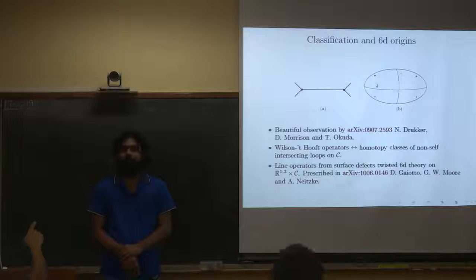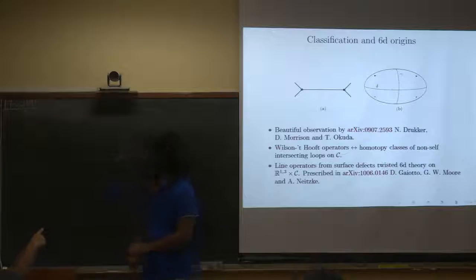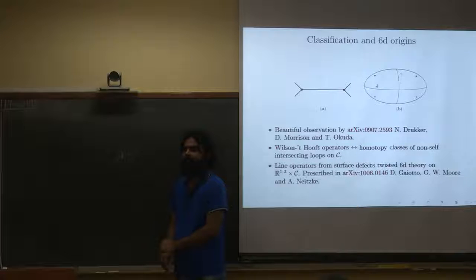Am I out of time? Sorry, I just want to make sure once more what this operator is in terms of field theory. The field theory is M5 branes on a Riemann surface times R4. Now there are two things I have to do to specify this operator, presumably.